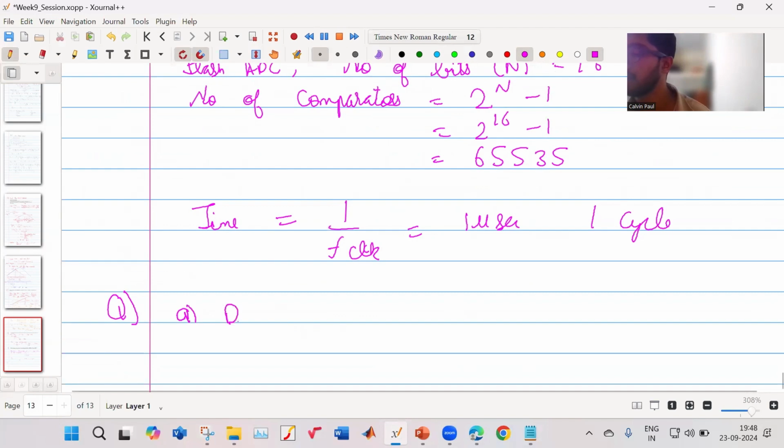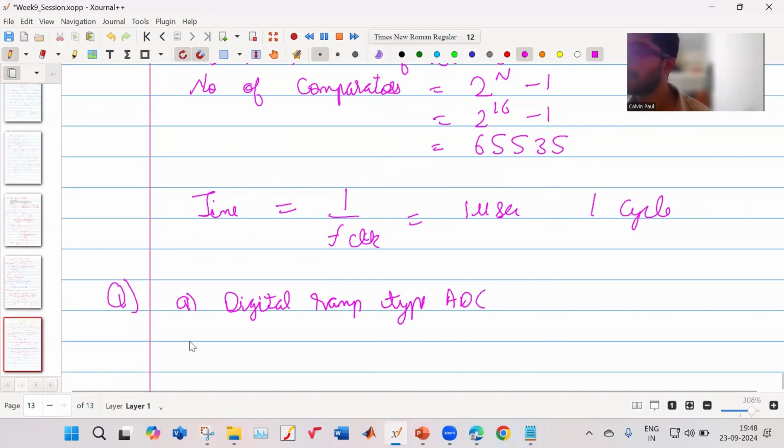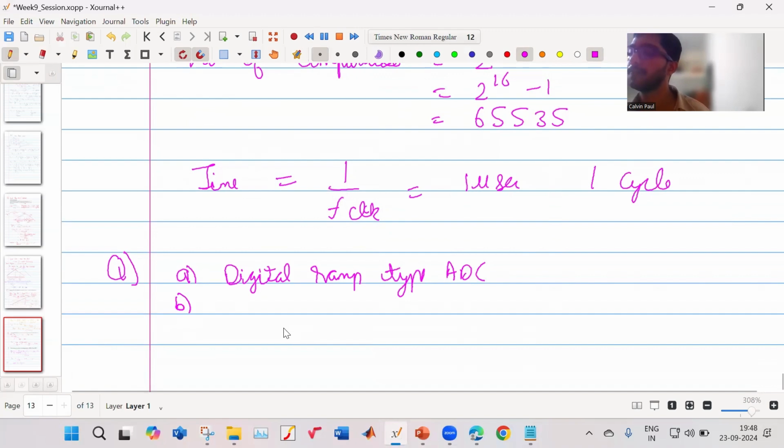One is the digital ramp type ADC. Second is the successive approximation register type ADC. Third is the flash ADC. Let us check how many cycles are required.